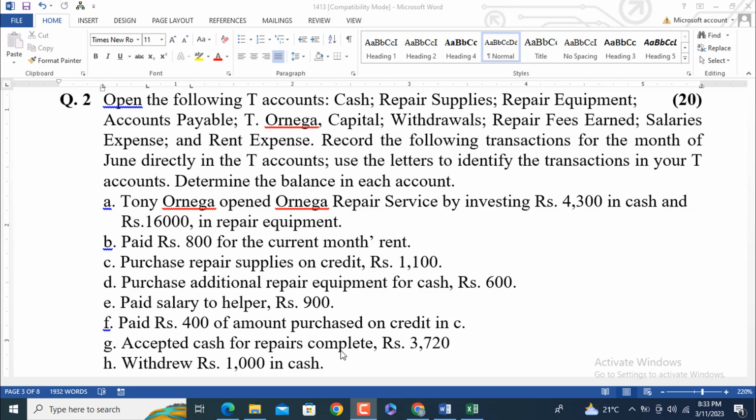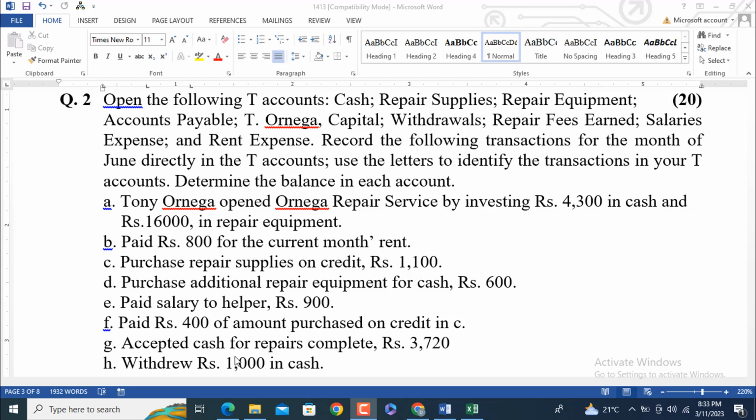Accepted cash for repair completed, rupees 3,720, so we offered repair services. After completion of the repair services, we received the cash. And withdrew rupees 1,000 in cash. This is also known as drawings.